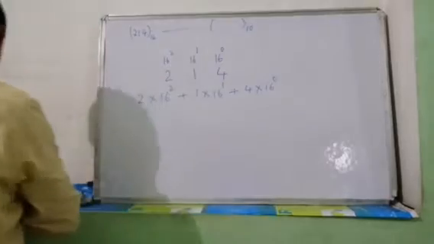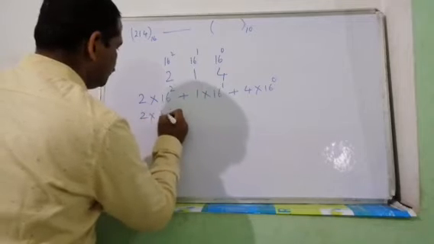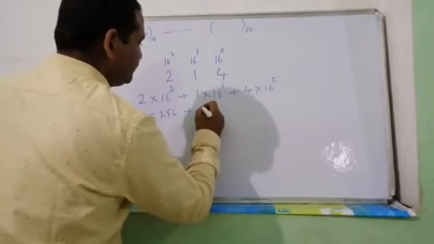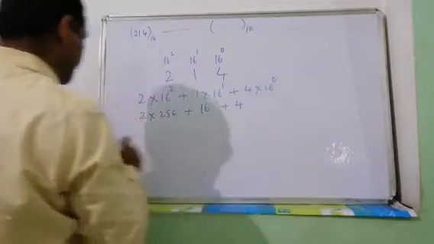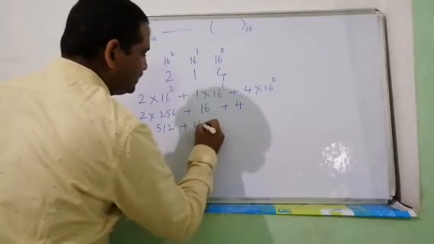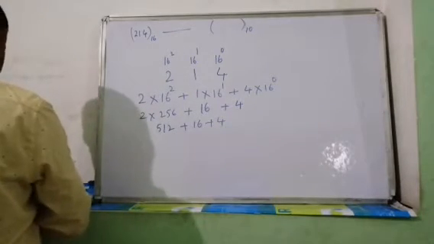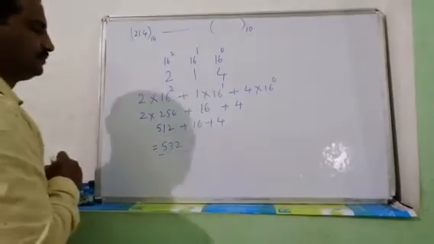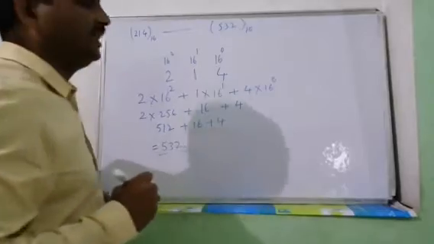Now we will do this. 2 into 256 plus 1 into 16 plus 4. 512 plus 16 plus 4. 532. 532 in decimal.